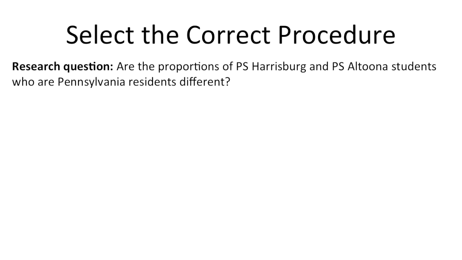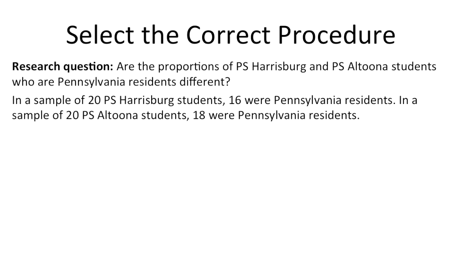Here's another example. Are the proportions of Penn State Harrisburg and Penn State Altoona students who are Pennsylvania residents different? So we have two independent groups here: our Penn State Harrisburg students and our Penn State Altoona students. In a sample of 20 Penn State Harrisburg students, 16 were Pennsylvania residents.